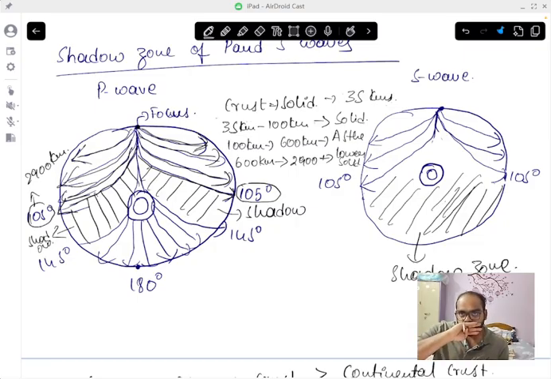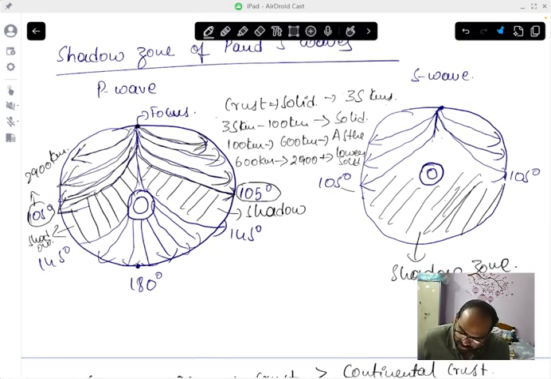The speed of the P and S waves increased again rapidly, indicating a lower solid mantle, up to 2900 kilometers, that is 105 degrees.